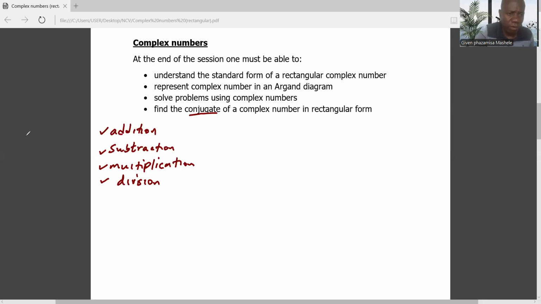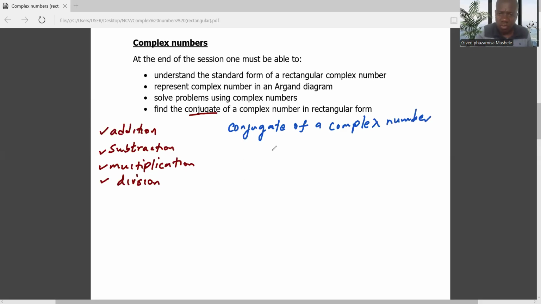Let's now talk about what we mean by a conjugate of a complex number. All right.